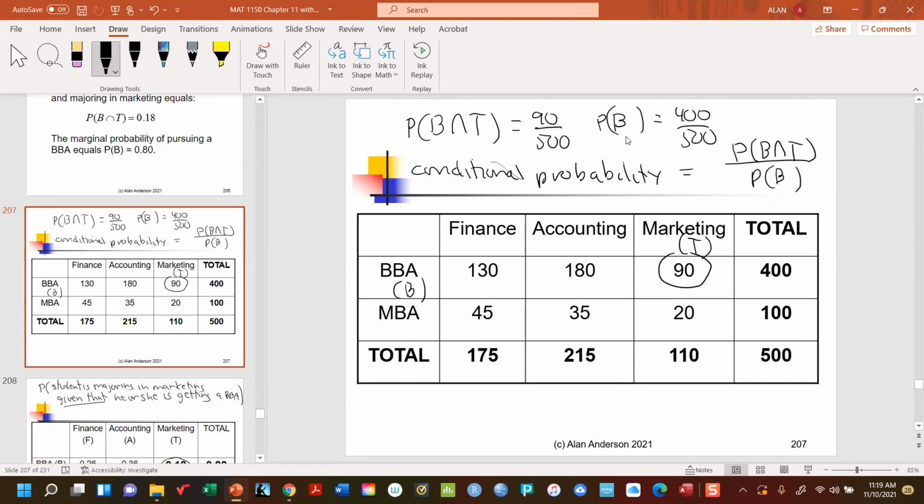And so move it down here. That's going to equal 90 out of 500 divided by 400 out of 500, or just simply 90 out of 400, okay, which turns out to be 0.225.